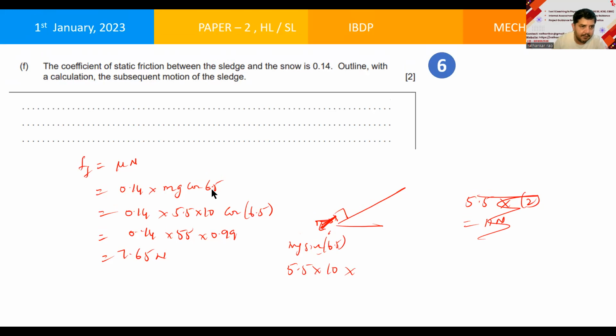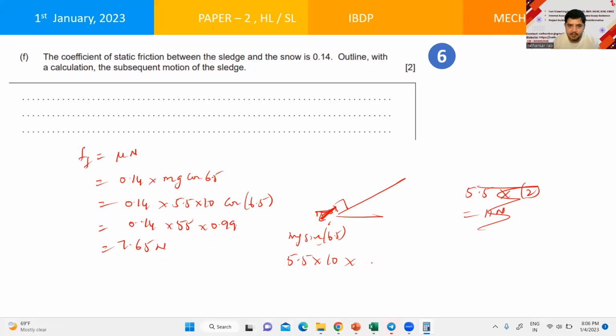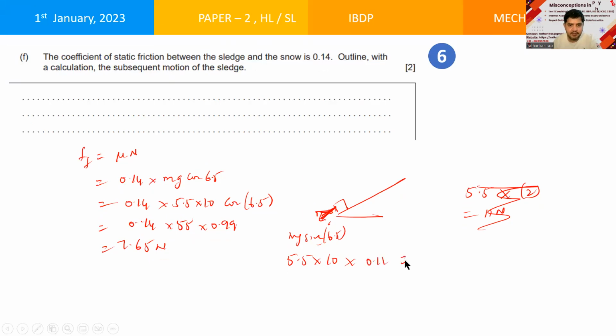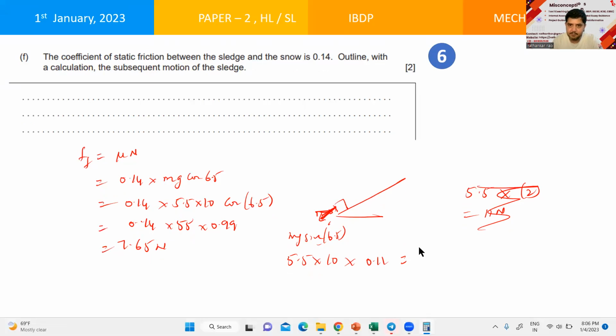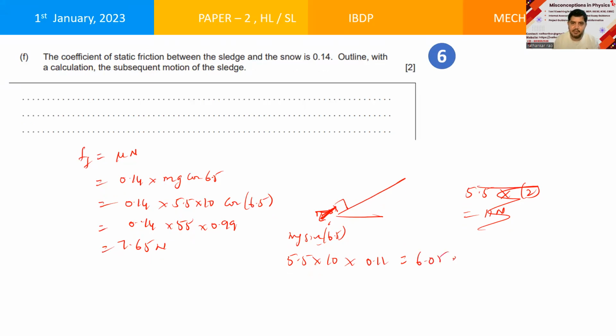Sine 6.5 is 0.11. So 5.5 times 10 times 0.11 is equal to 6.05 Newton. See, this force is just 6.05 Newton, but the frictional force is now much larger than this.